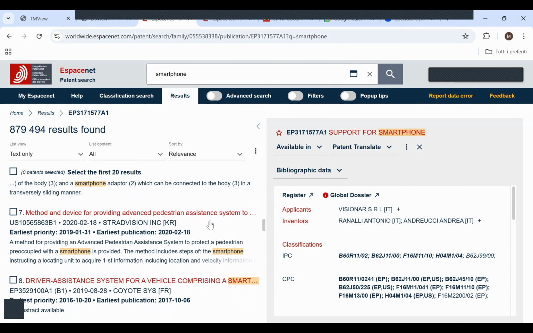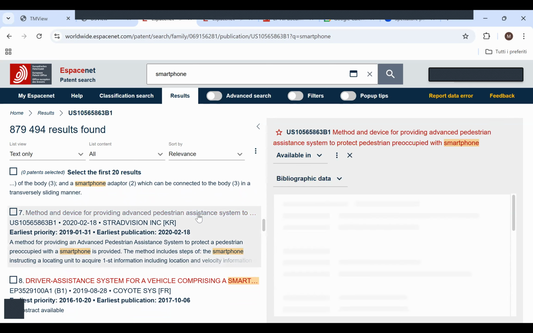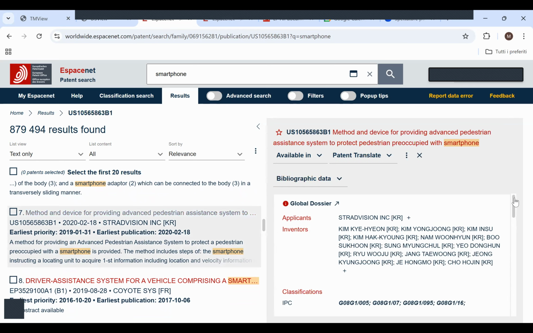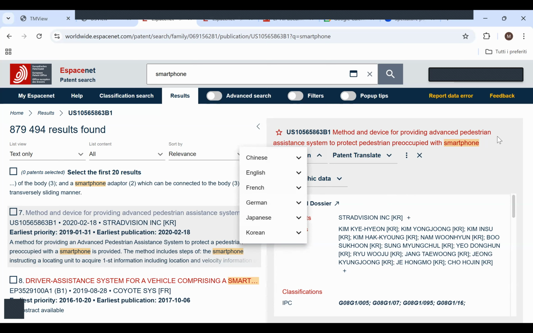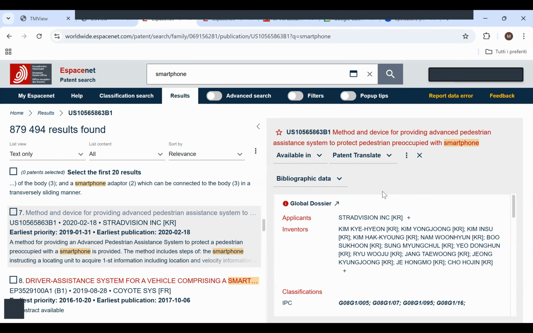I don't know if you wanted to see one of these. As you see, for each patent, you have the language in which it is available.